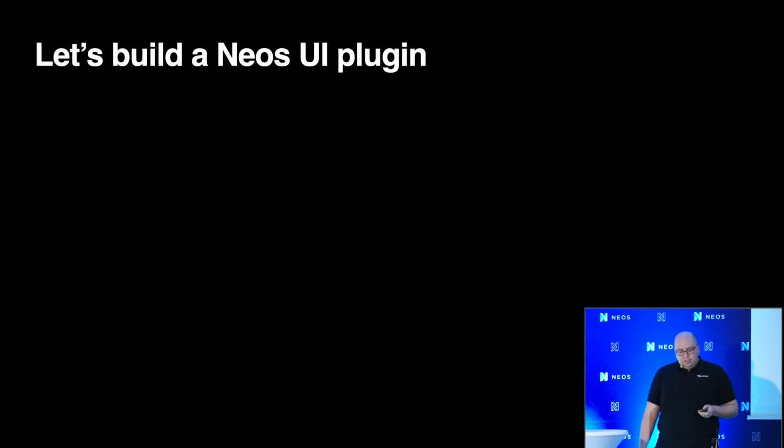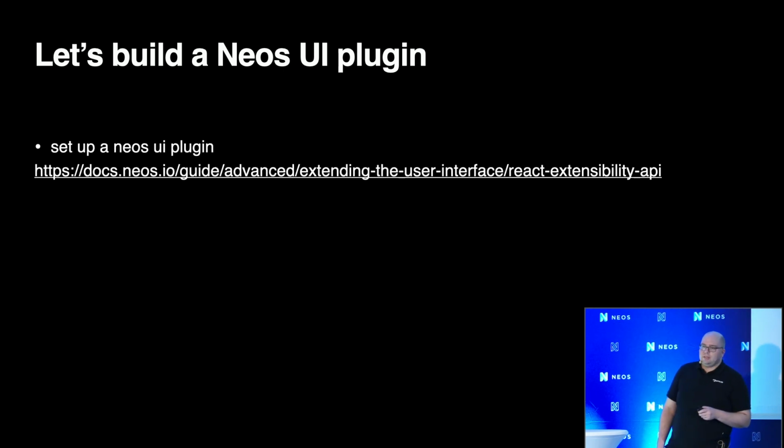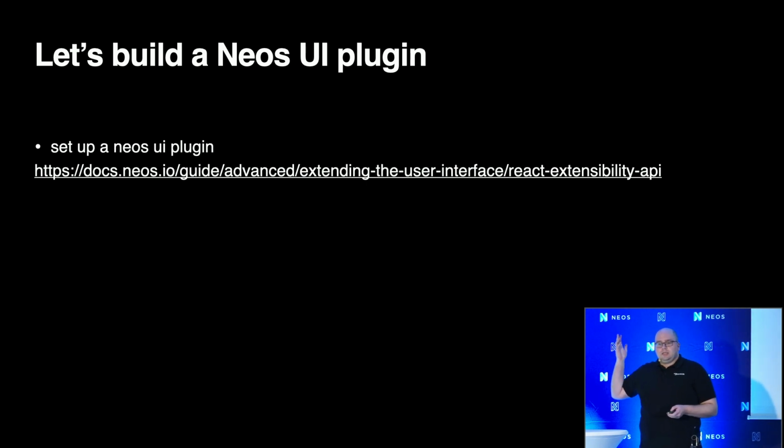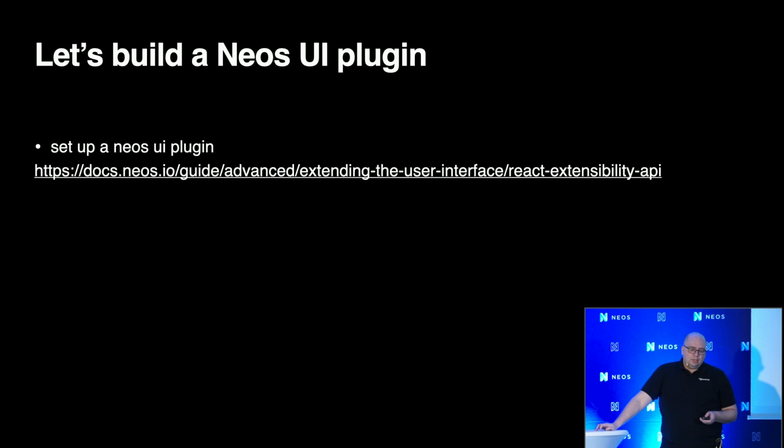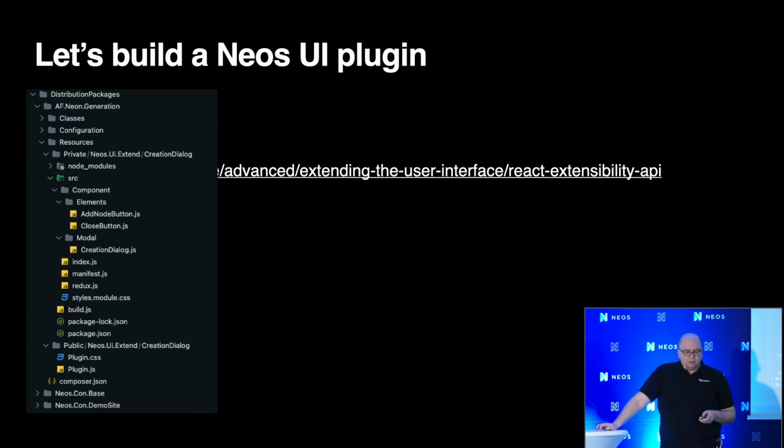So I looked it up and found this documentation on how to create an extension to the Neos UI, because the first step would be to build this new creation dialog. I started it and thought, okay, I need a little bit more.